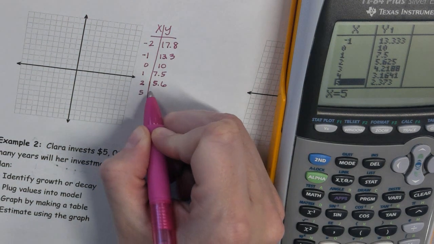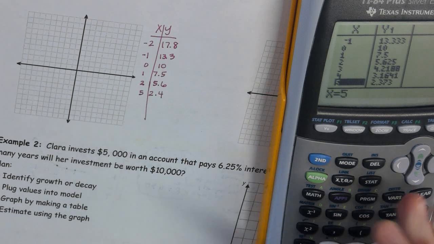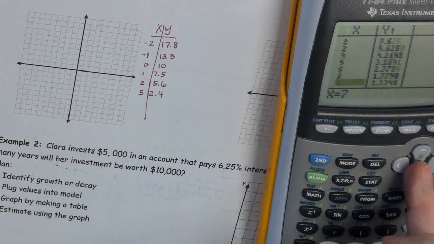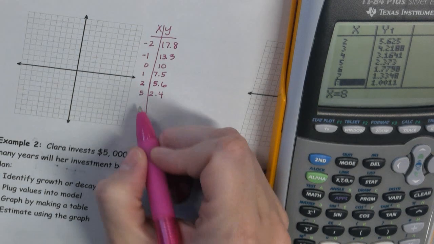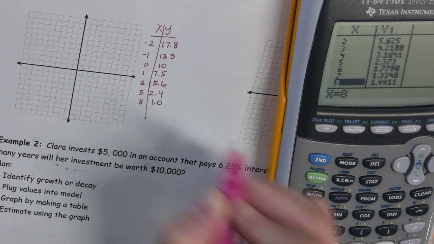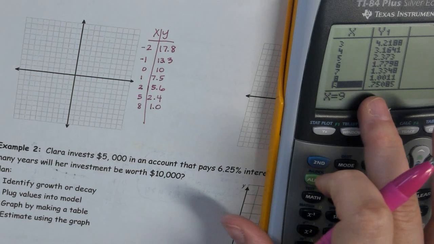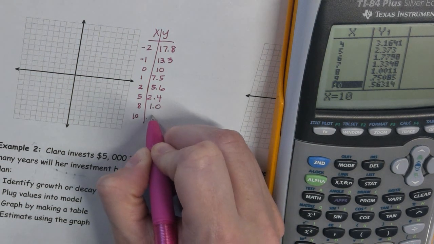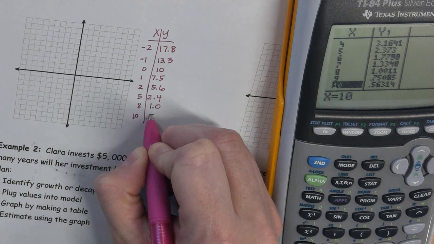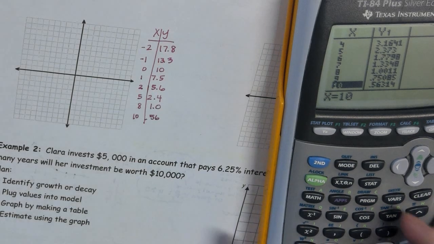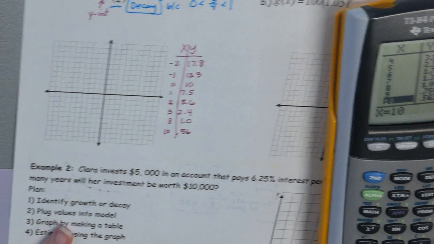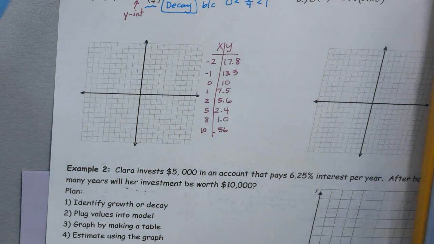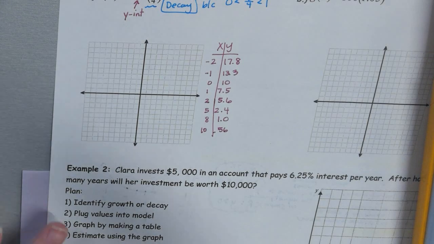So 1, 2, and then at 5 I'm at 2.4. Maybe I'd skip a couple more. At 8 I'm at 1.0 if I round that. At 9 I'm at 0.75. At 10 I'm at 0.56. You don't necessarily have to graph every single point, but you do want to have enough that it's going to give you a good picture of the graph.